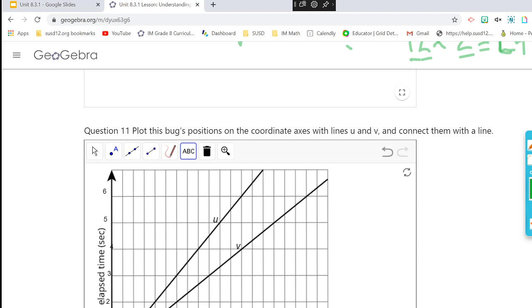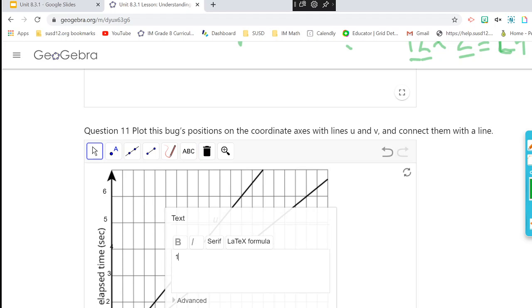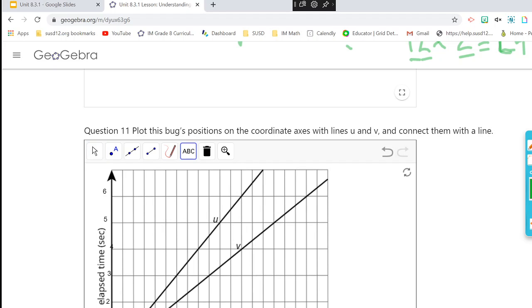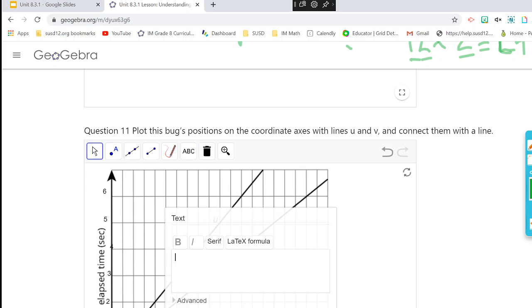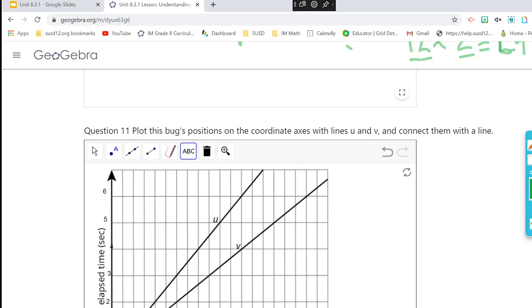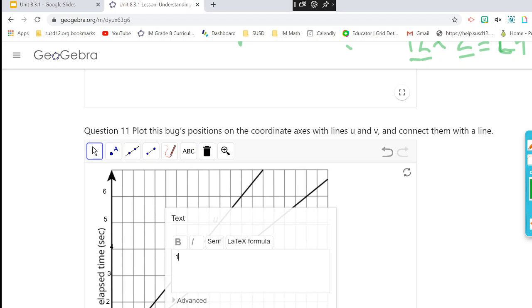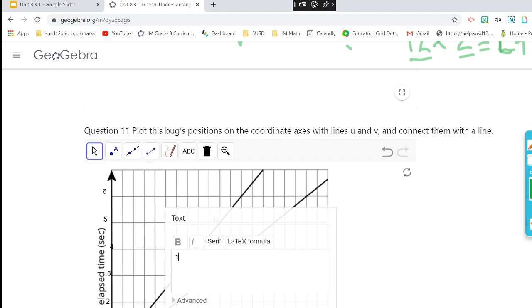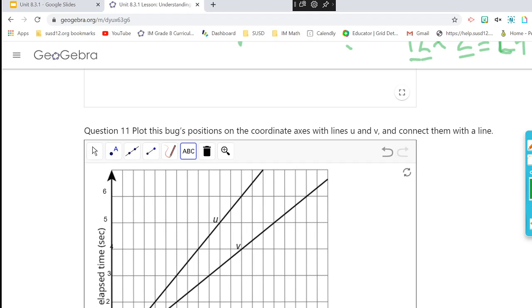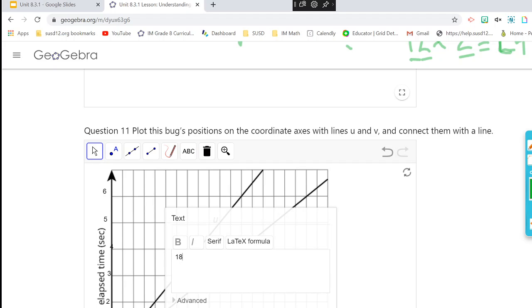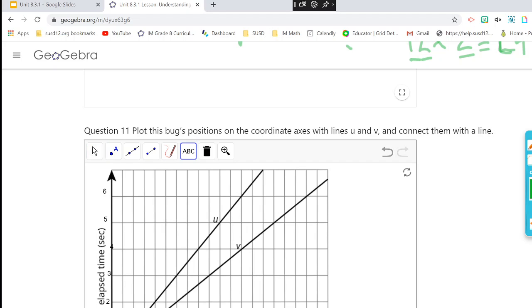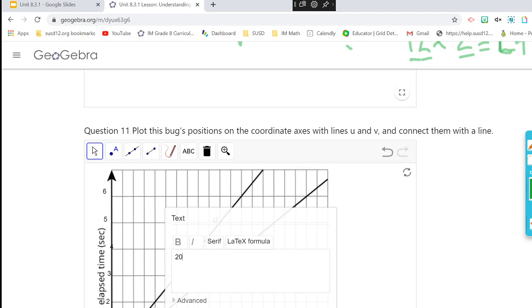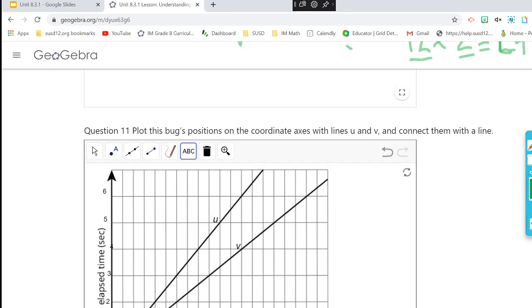I'll just do the even ones. 8 centimeters, 10 centimeters, 12 centimeters, 14 centimeters, 16 centimeters. That's not centered very well, is it? 18 centimeters. Here's 20 centimeters. And then our graph stops.